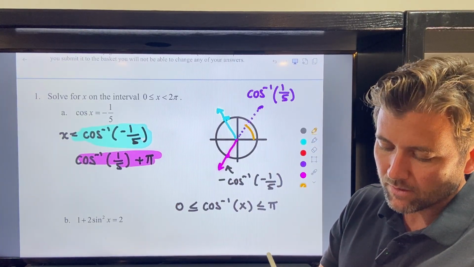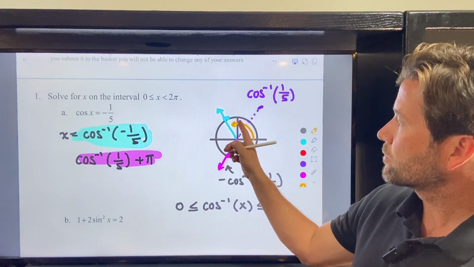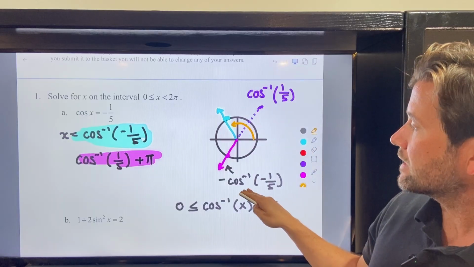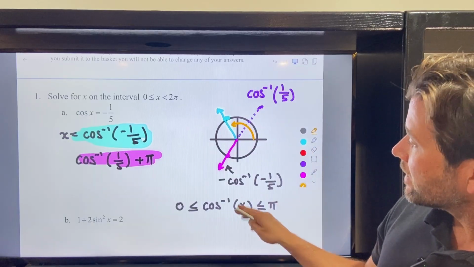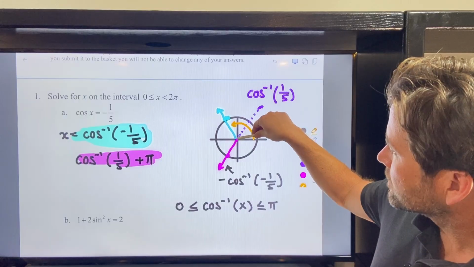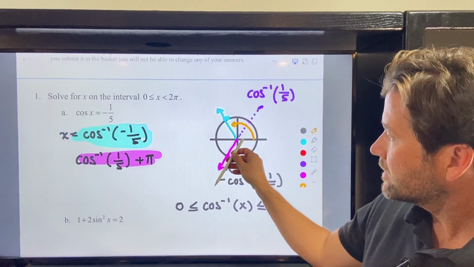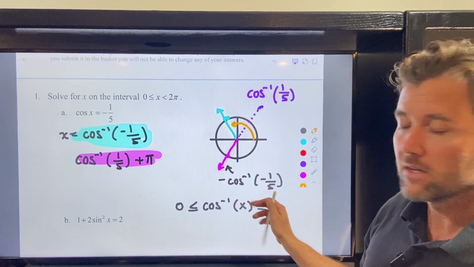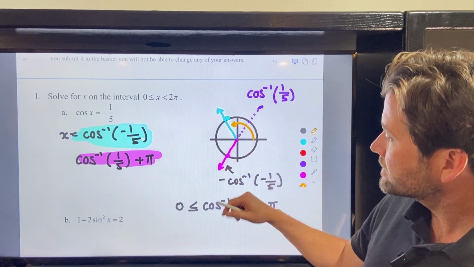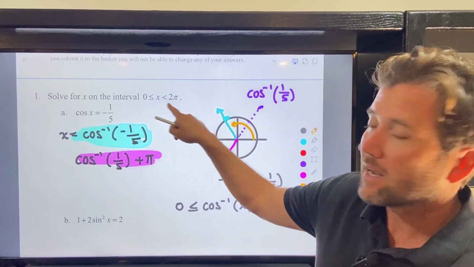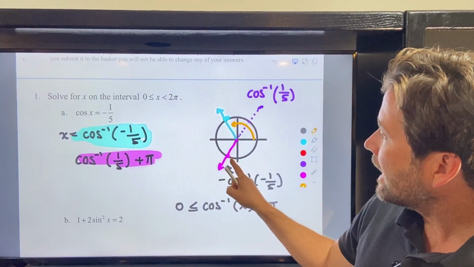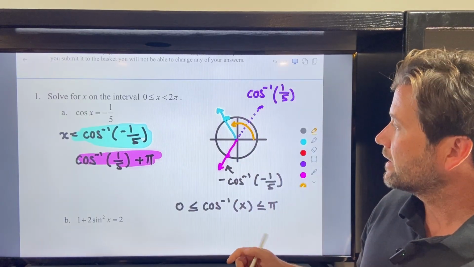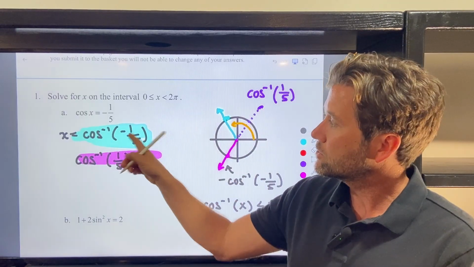Instead of going counterclockwise through the first quadrant into the second, if I multiply by -1, now this angle is negative. It's no longer in between 0 and pi because I'm multiplying by -1. So it goes all the way around here clockwise. That's what negative arc cosine of -1/5 would be. So the problem is this is a negative angle, so it's not in these bounds. So I have to add 2 pi to put it in bounds. Add 2 pi. So these are our two solutions.